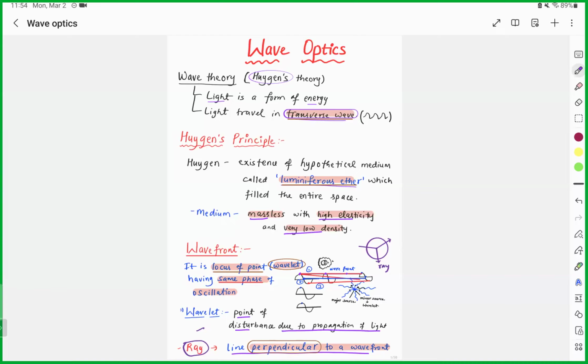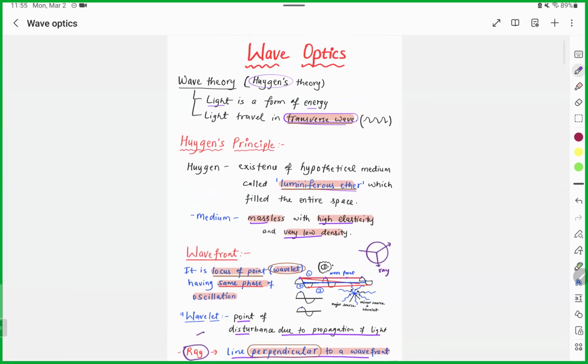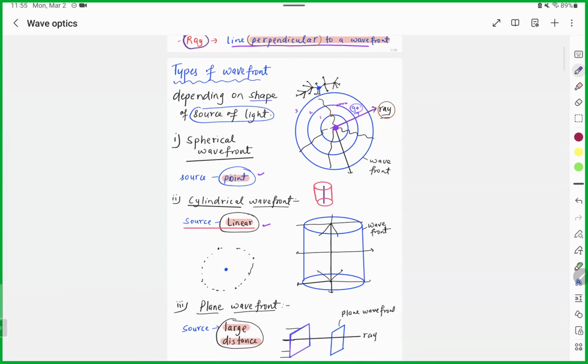Remember, write roughly. Everything in short. First page done. Yes. Second page.